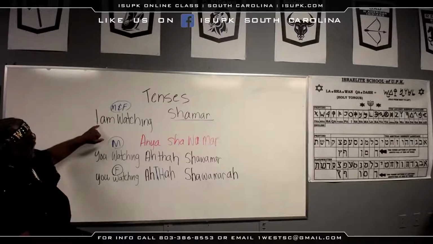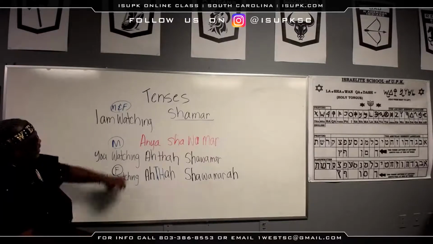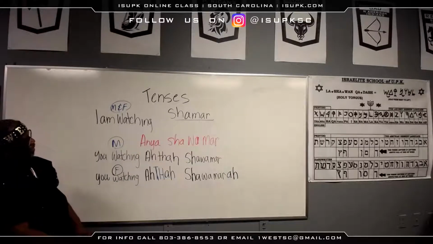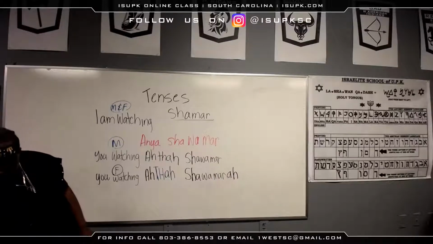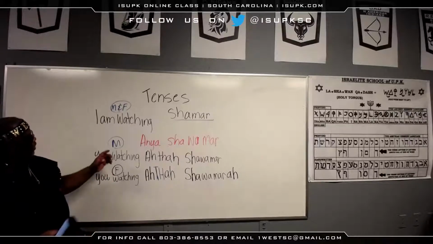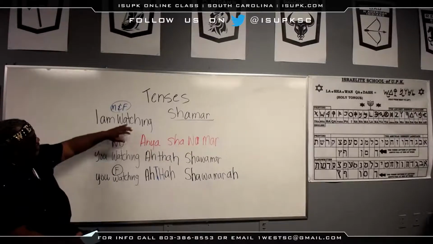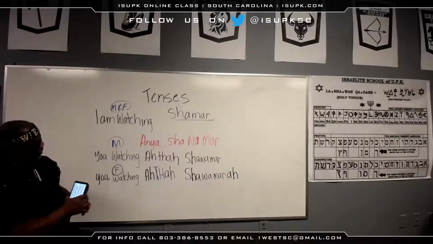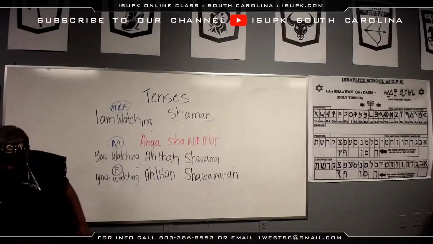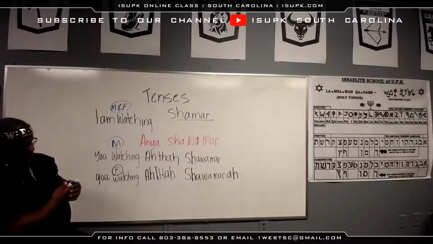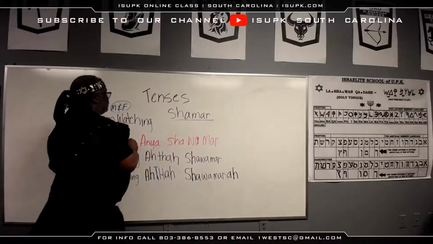When you want to say I am, that's anya shawamar. When you want to say the same, we're using the present tense here. This is the present tense right here.